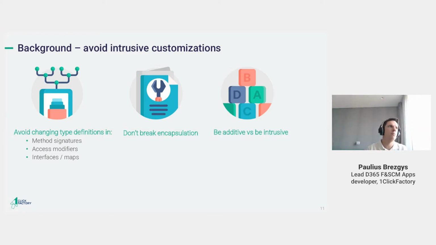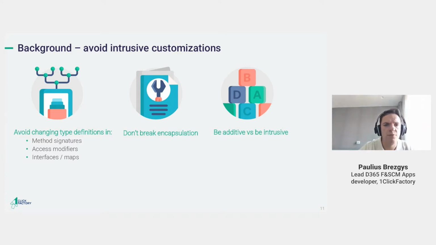For example, you might change a method from private to public in X++. You might also be changing interfaces and maps. All of that is a big no-no when you want to migrate code to Dynamics 365, because these types of changes are, first of all, not compatible. Second of all, it's really hard to work around these code patterns to achieve a similar result in Dynamics 365. So while building customizations, think about how to achieve this in a different way, without doing the intrusive customization.